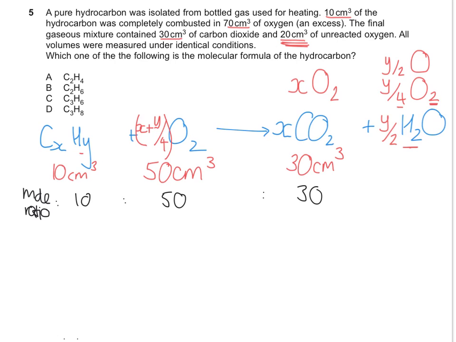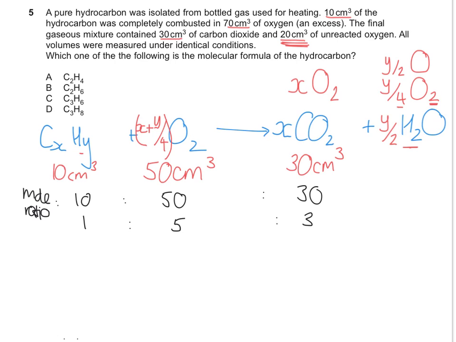And to simplify that down, we can divide each of them by 10 to give us 1 to 5 to 3. So the balancing numbers of our hydrocarbon to oxygen to carbon dioxide are 1 to 5 to 3.